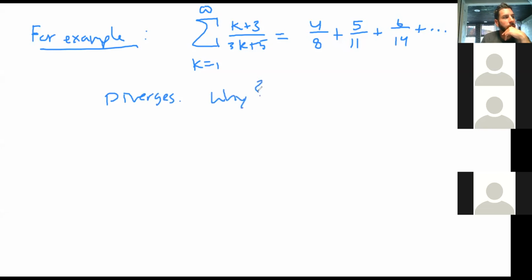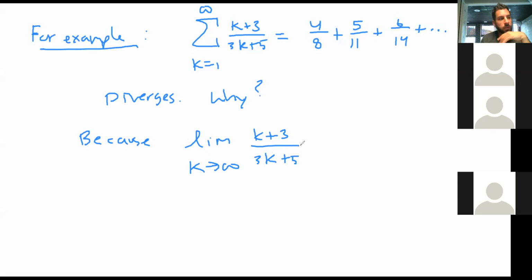Why does it diverge? It diverges because if I take the limit of the terms, what is the limit of the kth term? Take this term and ask what happens to this thing as k goes to infinity. As k goes to infinity, this equals 1/3, which is clearly not equal to 0.